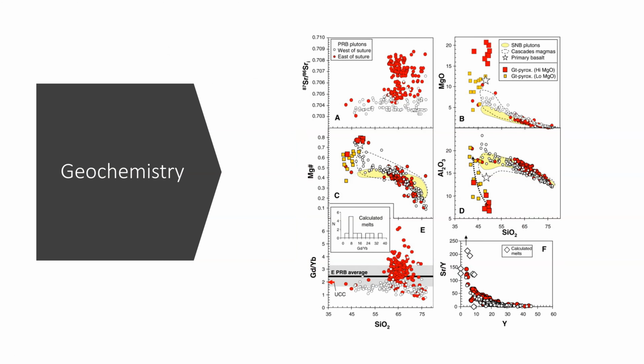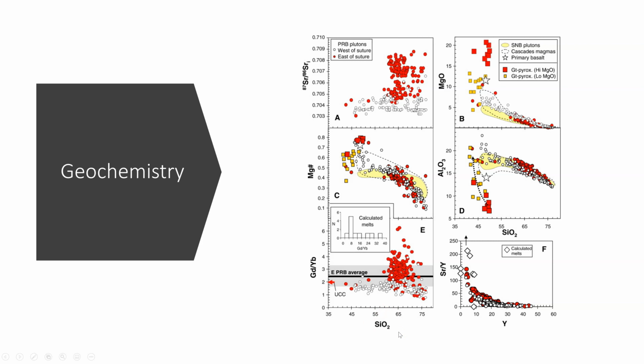So here's a look at their geochemistry. The western portion, which would be the Peninsular Ranges, versus the eastern portion, which would be the Sierra Nevada. So we can look at some of these similarities. Some are different, depending on what we're looking at. The silica is one of the most important things to look at, the silicon oxide, because this is the primary component in the quartz crystals.